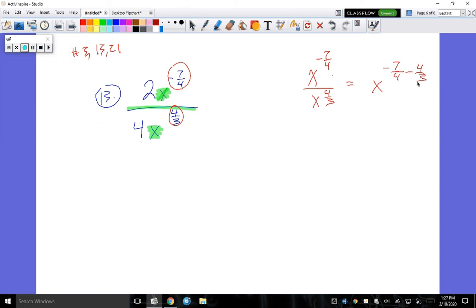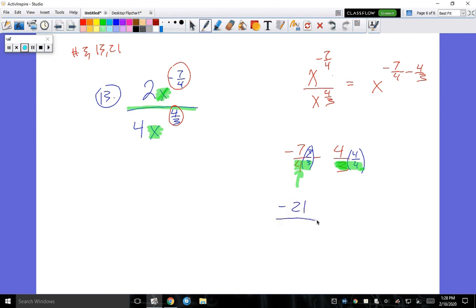If I'm subtracting fractions that don't have the same common denominator right now, I need to multiply this by a form of 1 and this by a form of 1. The reason why I chose 3 is because that's what this one had, to get 12. The reason why I chose 4 is because that's what this one had, to also get 12. You want to do this by hand, not with a calculator.